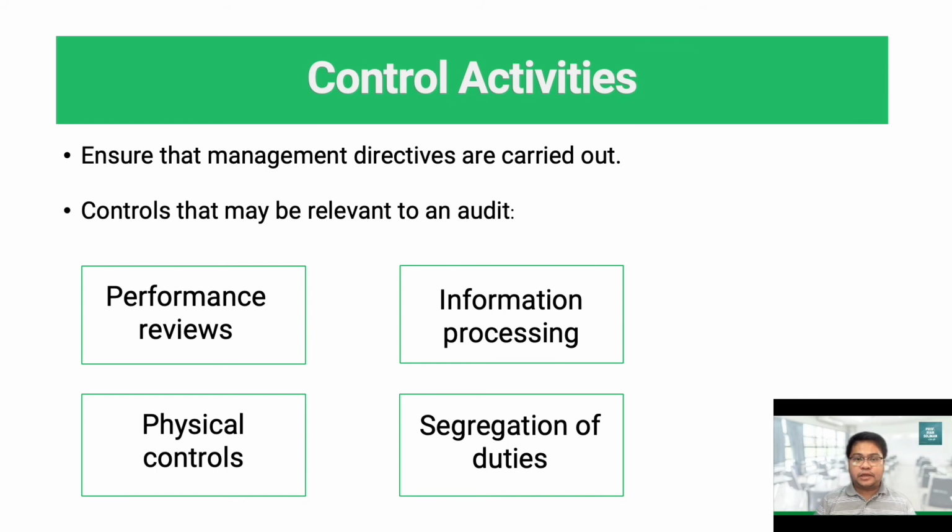For example, those who have the responsibility of custody should be separated from those who have responsibility over recording them, because those two are considered incompatible functions. What will happen if you are in charge of the custody of the asset and you are also the one authorized to record what happened to the asset?